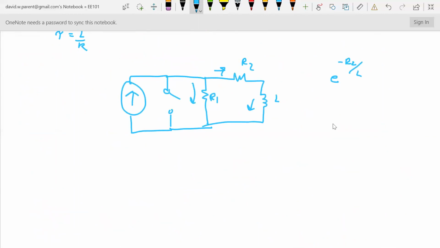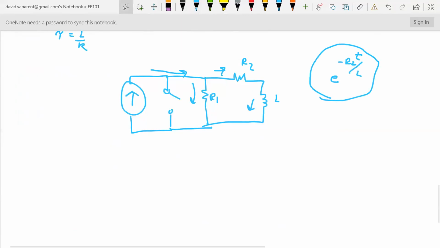And we're out of time. Let me just put the T in here. So the current comes through here. It does go through there when it's open. And so in fact, it has a different charging up time versus the discharge time. But here's the thing, even a charging up circuit has an exponential decay.